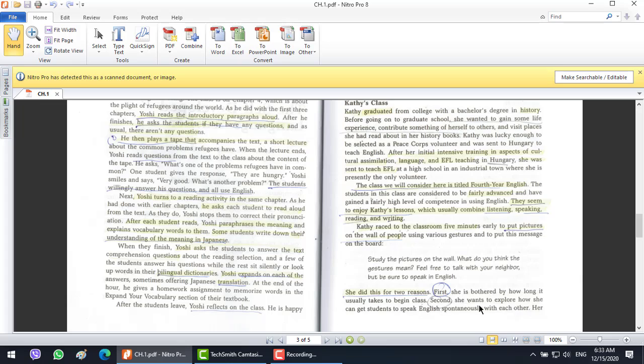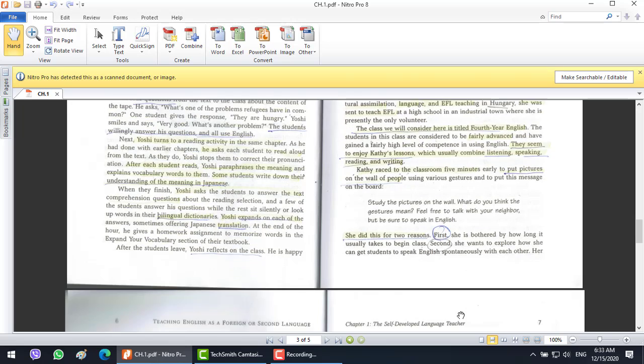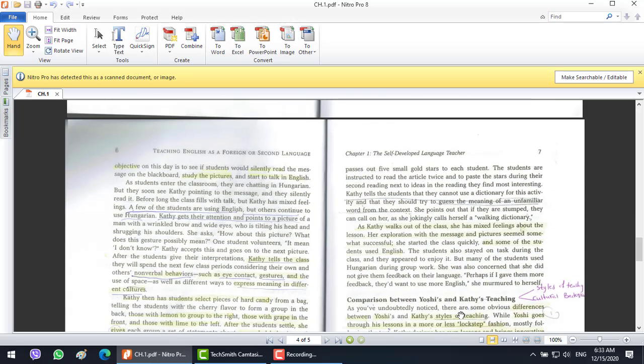Number 2, she wants to explore how she can get students to speak English spontaneously with each other. So she wants her students to speak English at the same time with their classmates. Okay, if you go to the other page, you will find the objective.